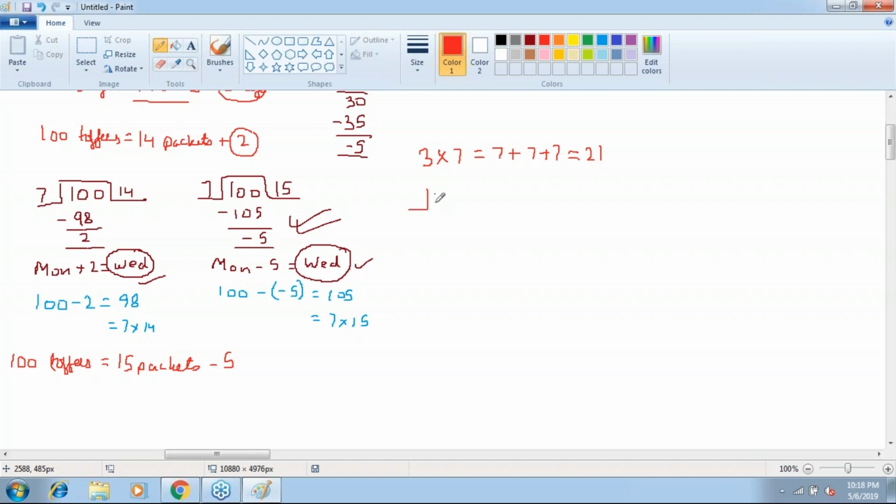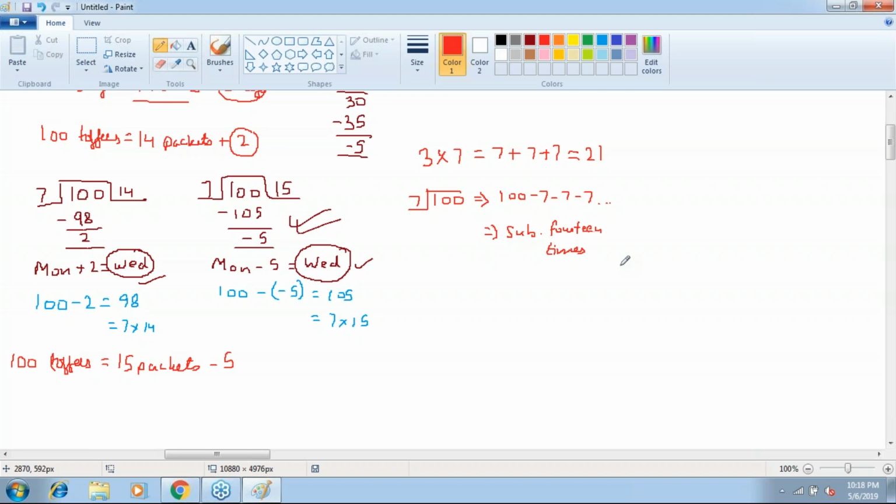So when we divide 100 by 7, this is equivalent to subtracting 7 from 100. This tells us we can subtract 14 times from 100. So division is simply subtraction.